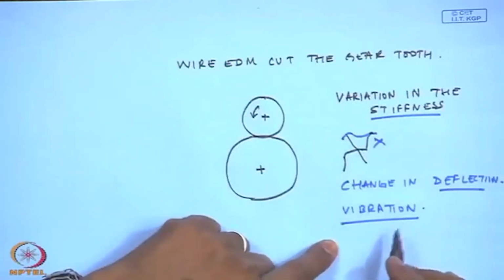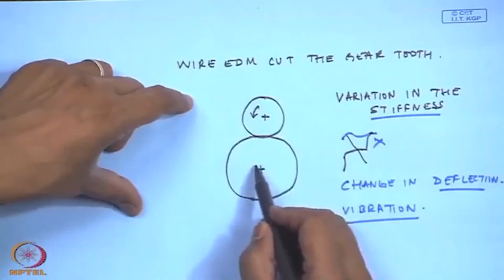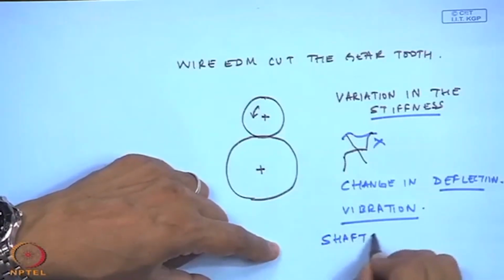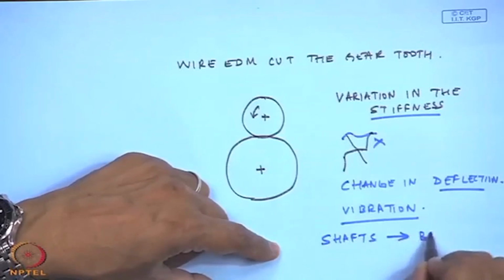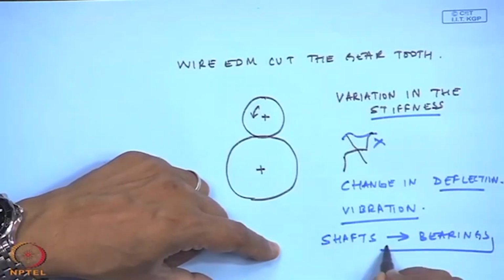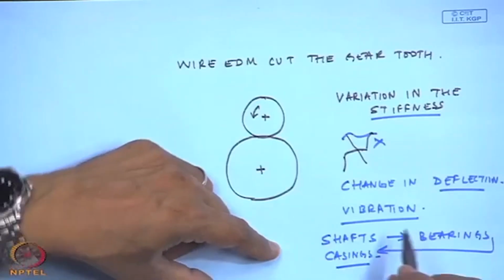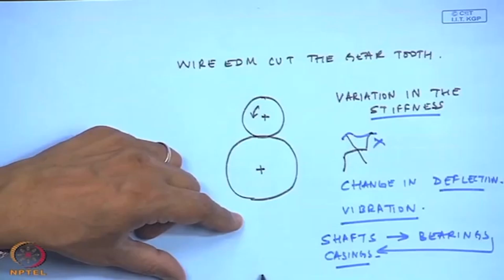The other is the vibration in the gearbox, and this vibration is transmitted to the shafts which are mounted on bearings, and then conveyed to the casings, and on the casings we can mount our transducers or accelerometers.